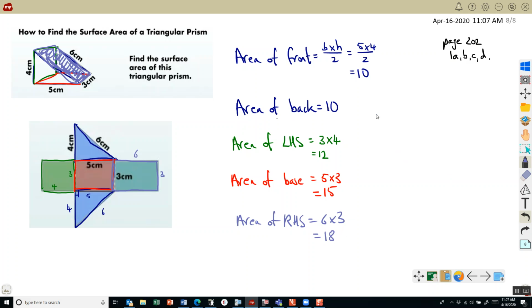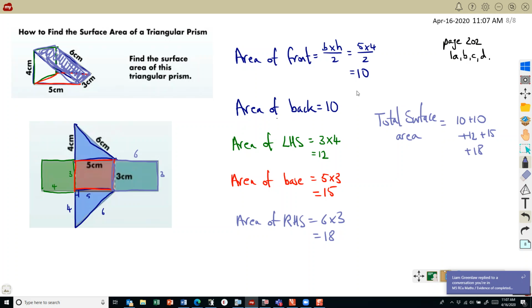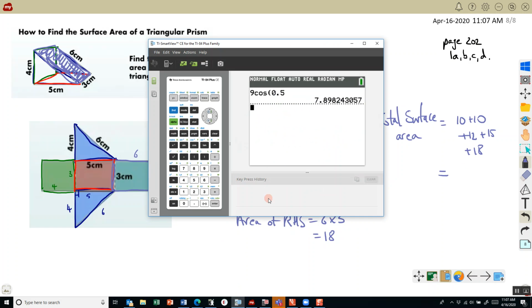Okay, so I have done everything. I now need just to work out the total surface area, and I do that by adding everything up. So I've got 10, plus 10, plus 12, plus 15, plus 18. I can put this into my calculator.